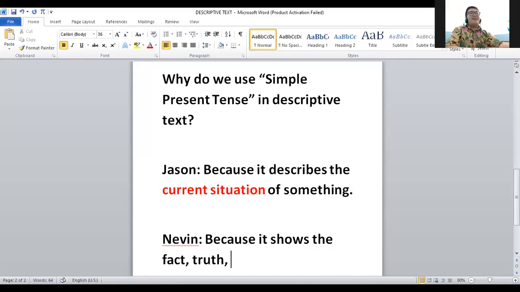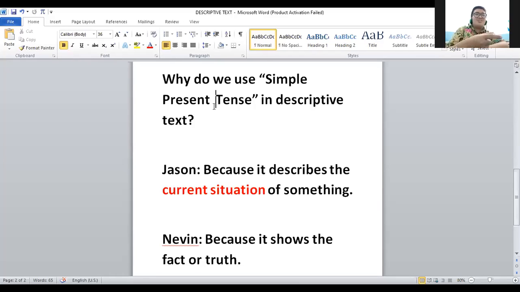Okay. Stats like data. Okay. Because it shows the fact or truth, okay, full stop, titik ya. Because it shows the fact or truth. Ya, karena kalau di descriptive text itu menunjukkan sebuah fakta ya, atau kebenaran.